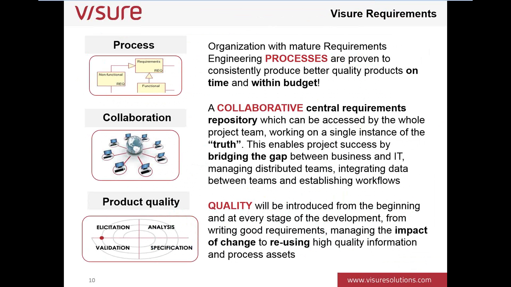So there's going to be a real process that we can define, that we can adapt to the tool. The tool, in fact, is not going to force us to use any process. We are going to be able to just pick the current process we are using and put that into the tool. You can see here a little diagram saying that we have requirements that can be divided into functional and non-functional.